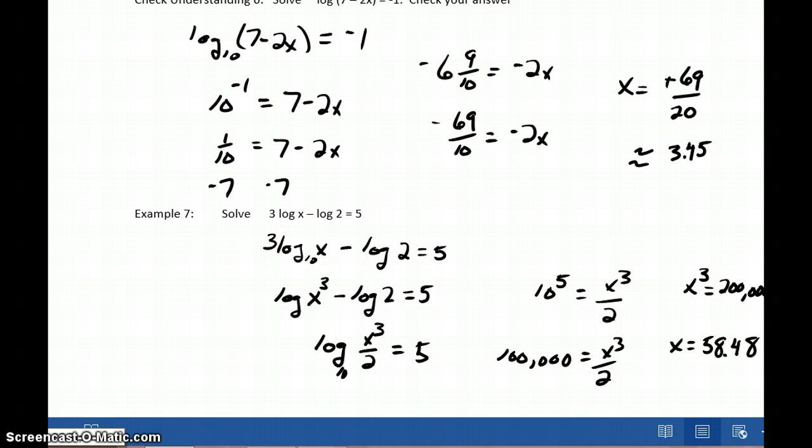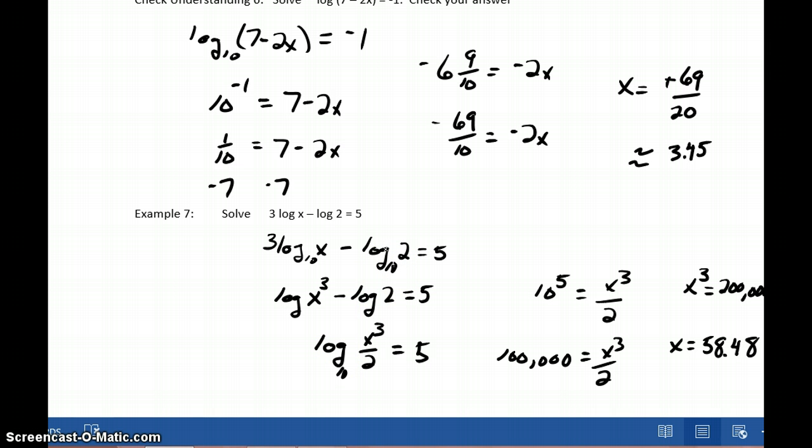Alright, here's example 7. 3 log x minus log 2 equals 5. Again, we have no subscript, so we know our log is base 10. So I've rewritten that: 3 log base 10 of x minus log base 10 of 2 equals 5.